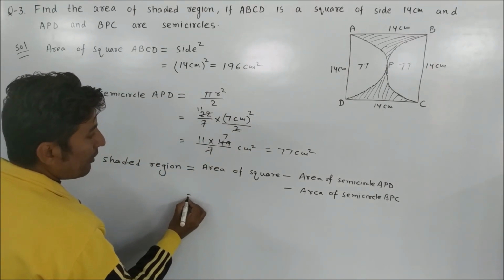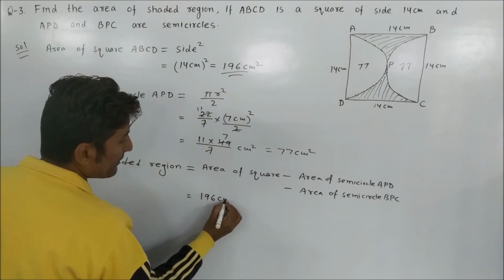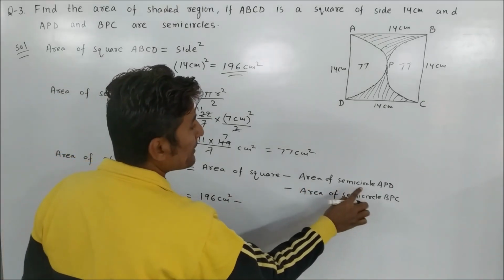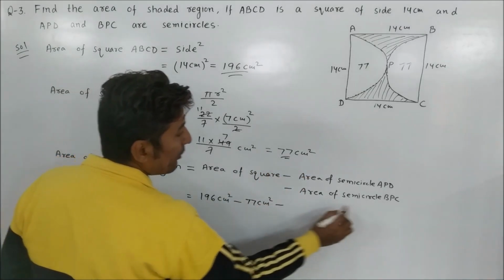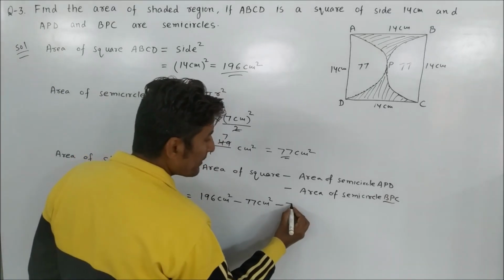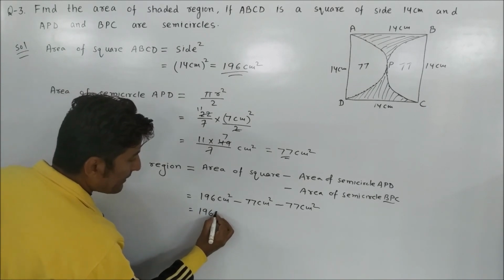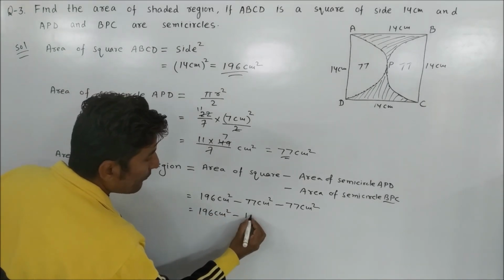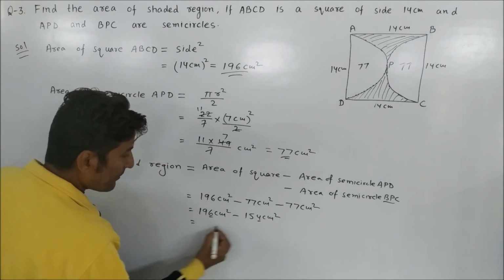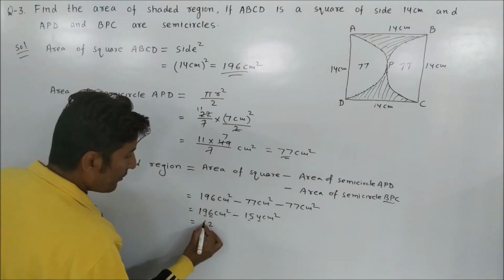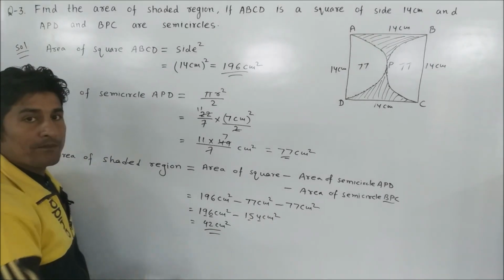So here we can write area of square, we are having 196 centimeter square, minus area of semicircle APD, we have calculated 77 centimeter square, and area of this semicircle will also be equals to 77 centimeter square. So here we can write 196 centimeter square minus 154 centimeter square, and after subtracting these two, we will have 42 centimeter square. So this is the final solution of this question.